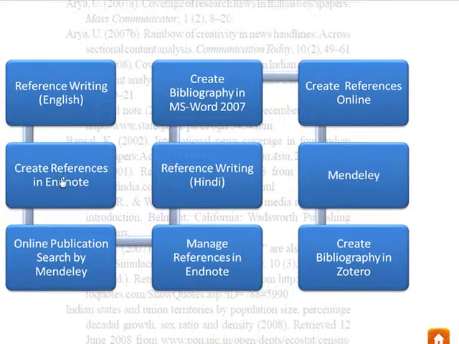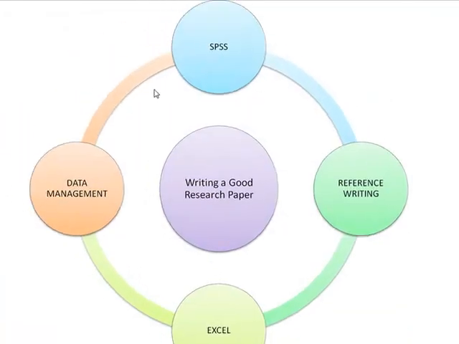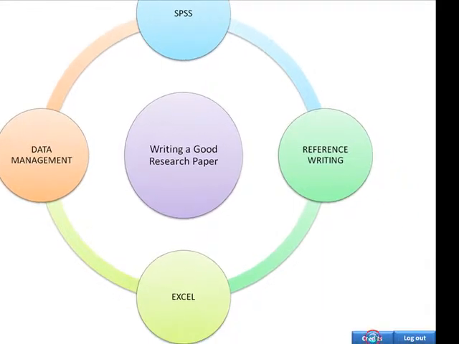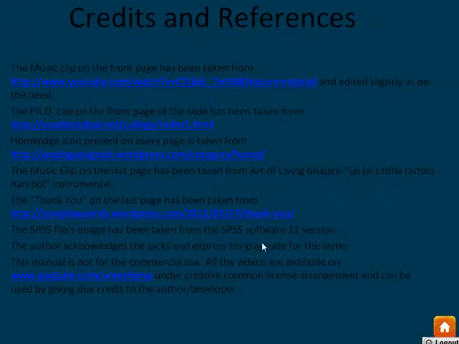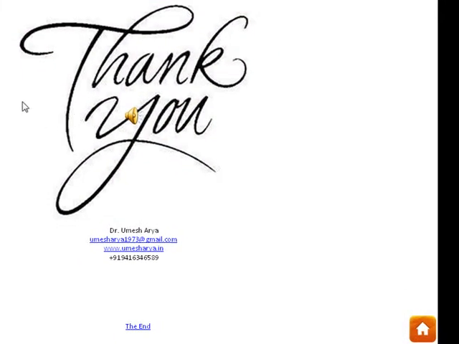And again you can anytime go back to the home page. If you want to go to the credits, this is the credit I have given to the authors or the creators from whom I have borrowed some music, some animation or some pictures inside this electronic manual, and at any point of time you can log out also.